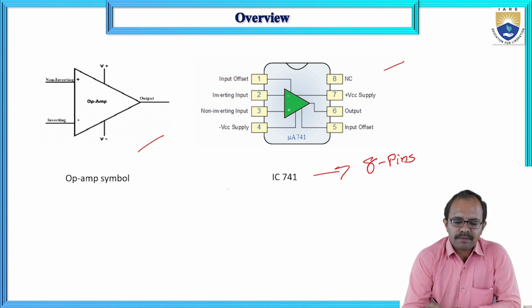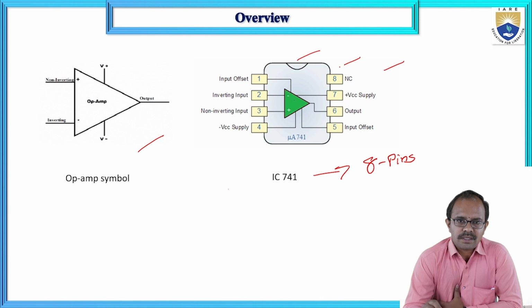If you look at the diagram, you can see a notch. The notch provides an idea where is the first pin and where is the last pin. To the left of this is going to be the first pin, and to the right of this is going to be the 8th pin.